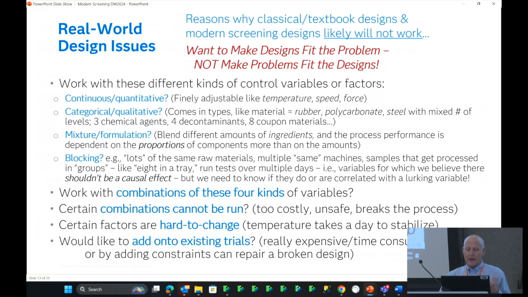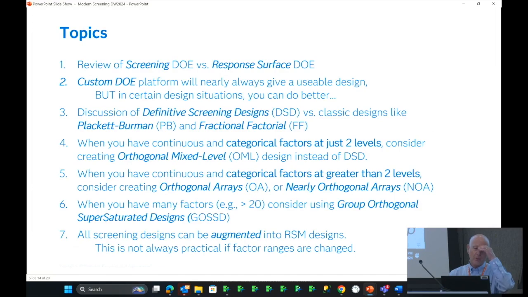Where we're headed next is talking about different screening design methods. We have a very limited amount of time here, but I'm going to focus a fair amount on the definitive screening designs and then talk about some of the other screening designs available in JMP.